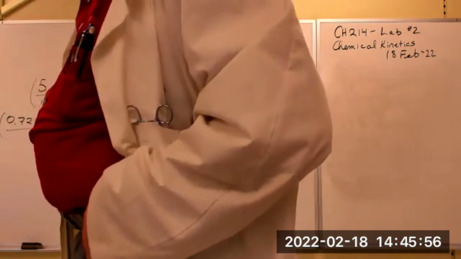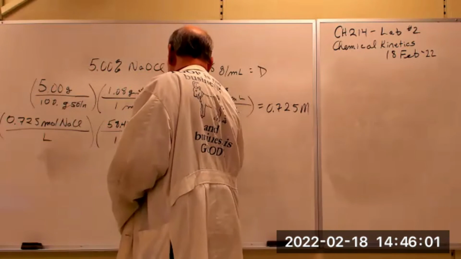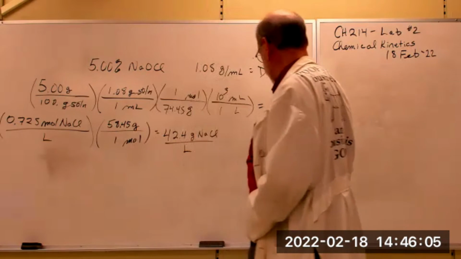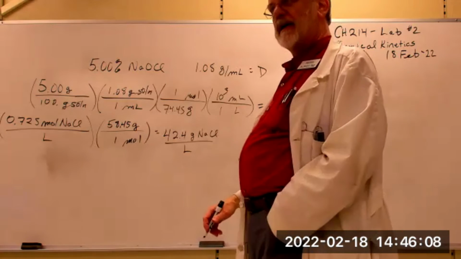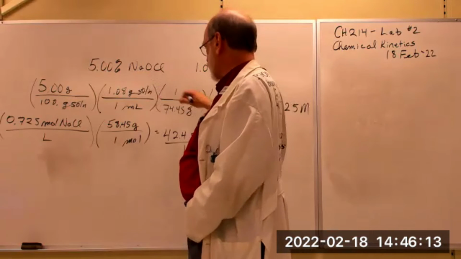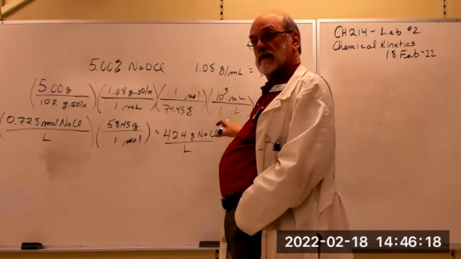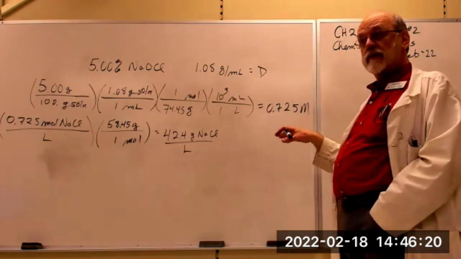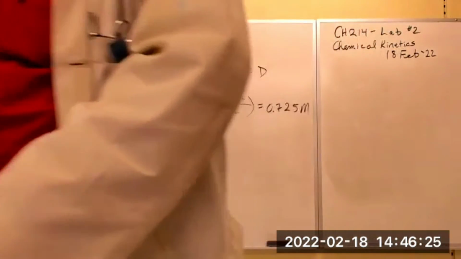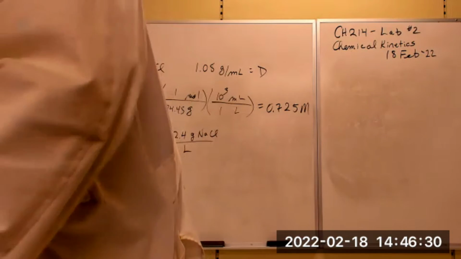Here. 42.4 grams of sodium chloride per liter will give us this molar concentration. So that way, if we were using pure bleach of 5% concentration, then we would use this sodium chloride solution in equal volumes to match it. And is that the last one? 3? Okay.